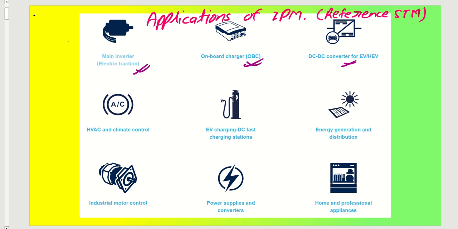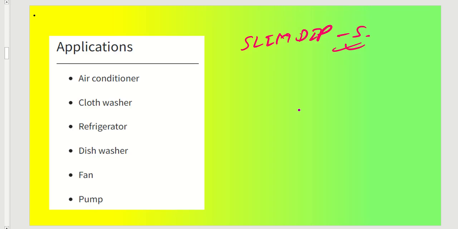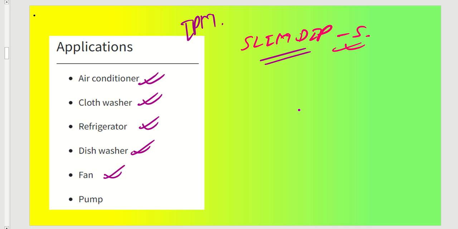For simplicity, let us take SLIMDIP-S, the IPM we are going to use. It can be used in air conditioners, cloth washers, refrigerators, dishwashers, fans, pumps, and anywhere you want.